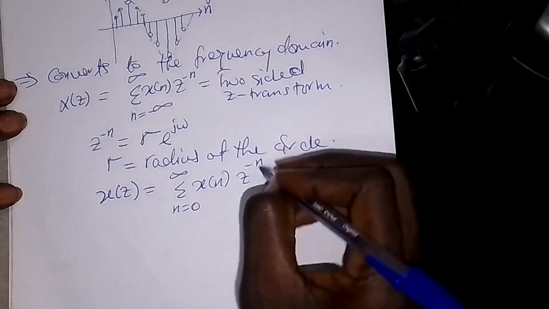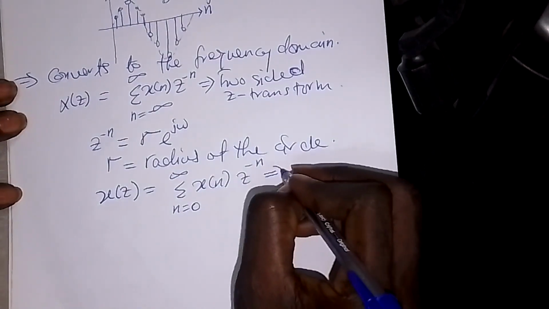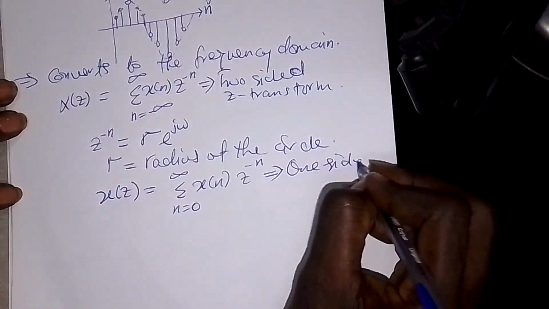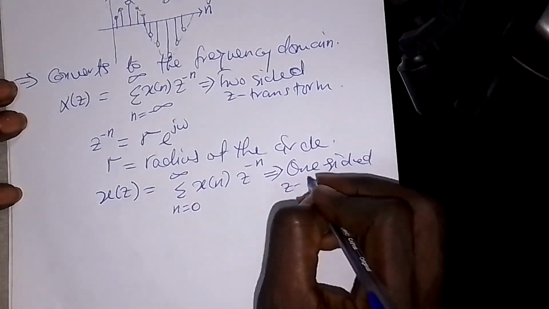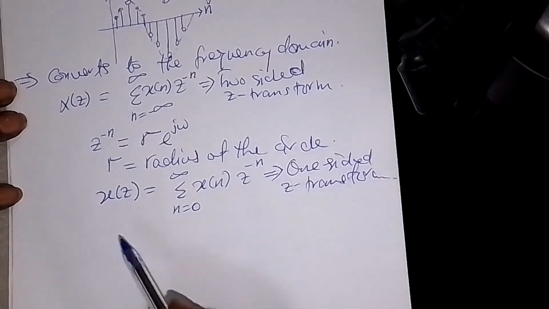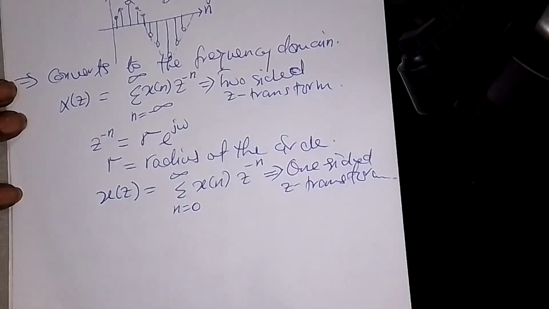This one is called the one-sided Z transform. The difference is that here it starts from negative infinity to infinity, but here from 0 to infinity. Those are the two that we have.